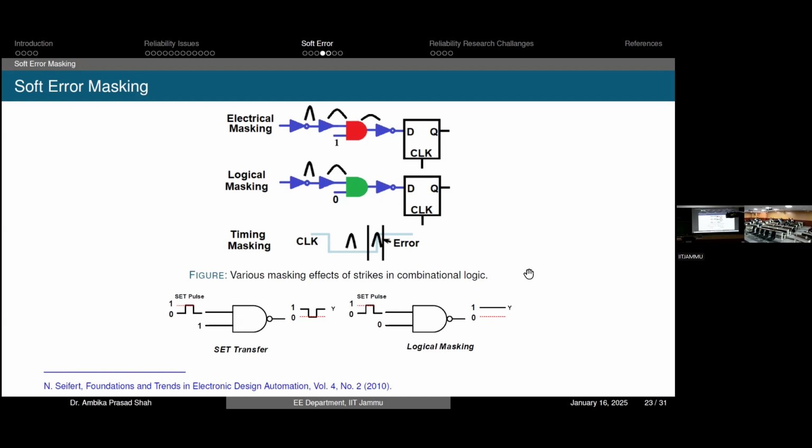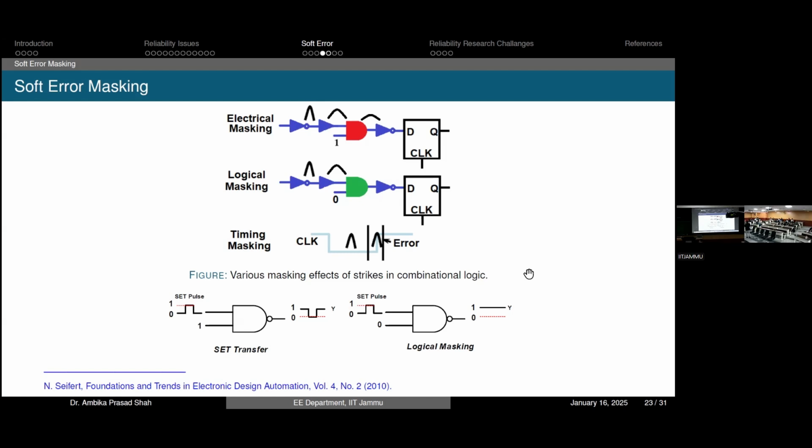But yes, 100% masking may not be possible, because there is a possibility that the impulse strikes at the same time when your edge is either positive or negative. It depends on what kind of logic you have used. If it is coming at that point of time, definitely this solution is not going to be effective. In that case you have to add the electrical masking.